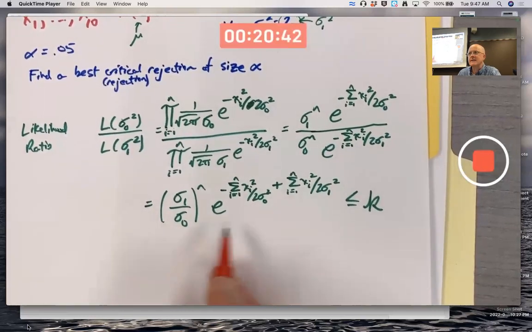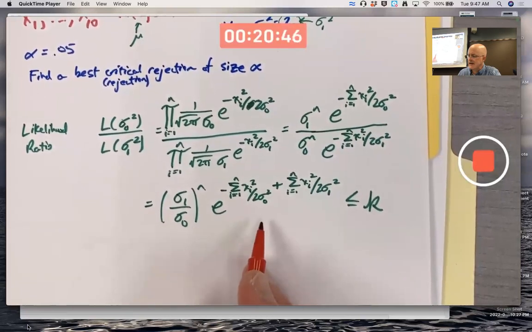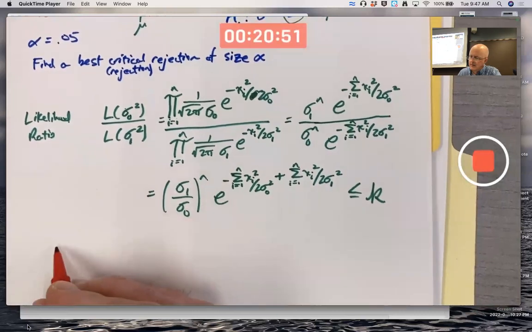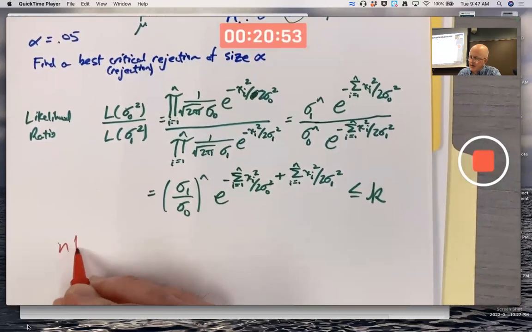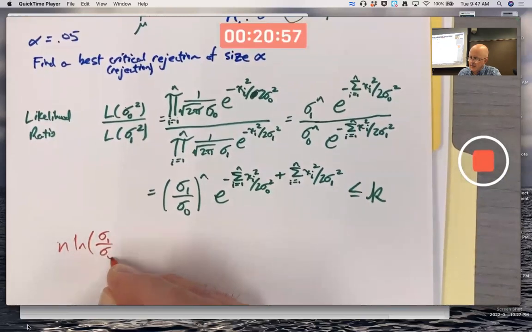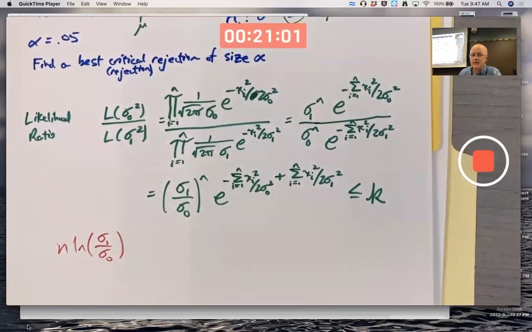ln of a product is the sum of the ln's. So we'd have the ln of this thing plus the ln of this thing, by property of logs. I could write it like that. I could also write natural log of sigma 1 minus natural log of sigma 0. I think I probably won't bother.